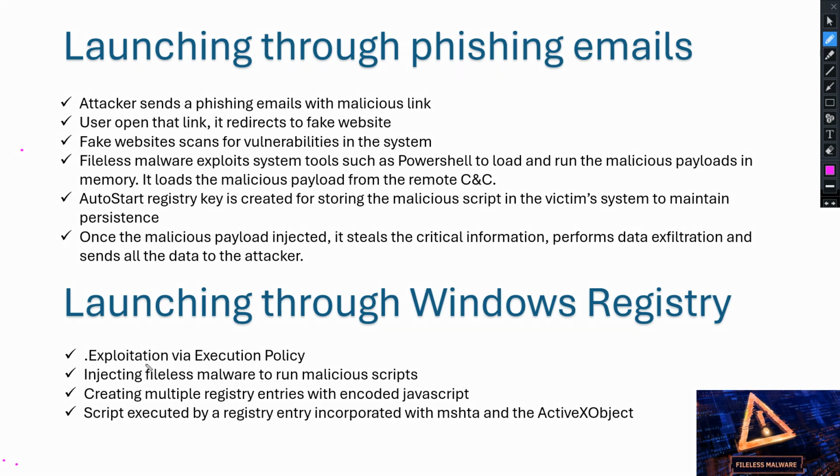Here we have exploitation via the execution process, injecting fileless malware to run malicious scripts. Then we have multiple registry entries created with encoded JavaScript, and scripts executed by a registry entry incorporated with Mshta and ActiveX objects.